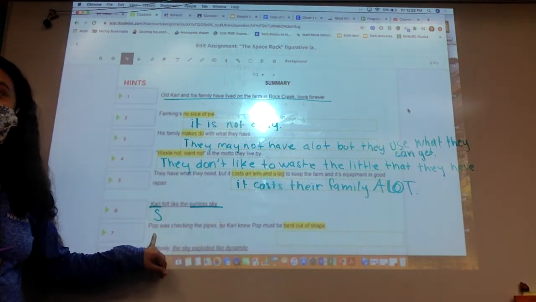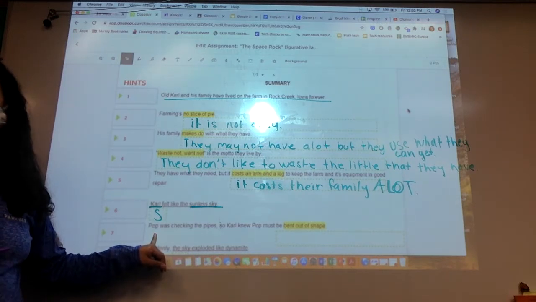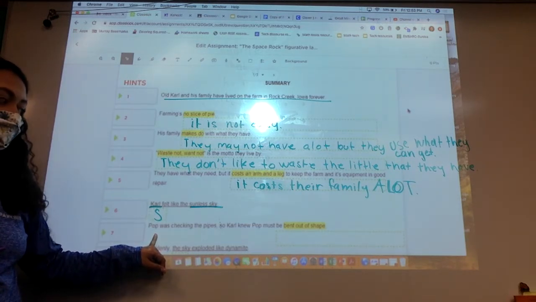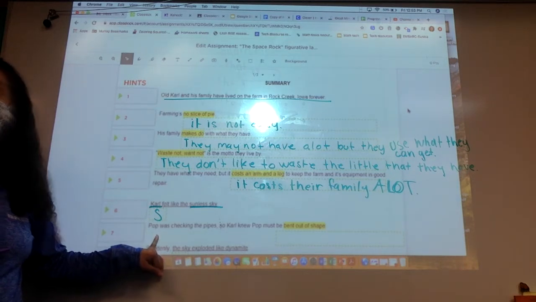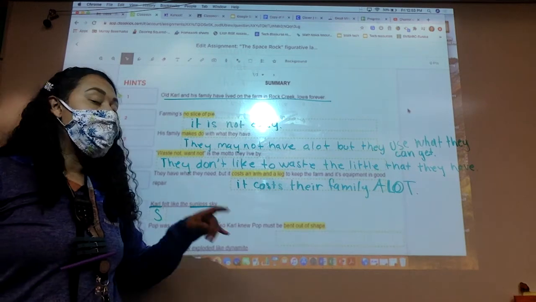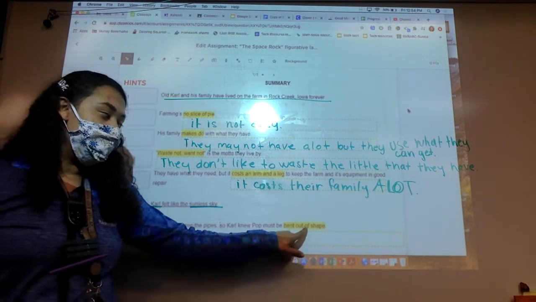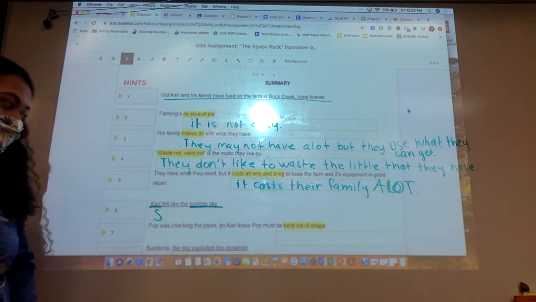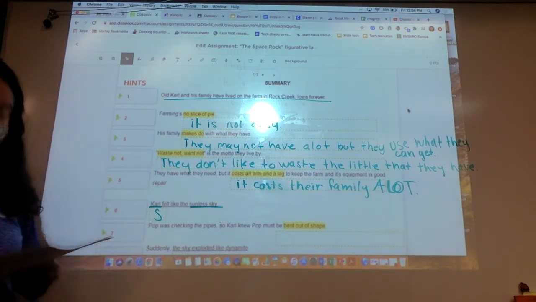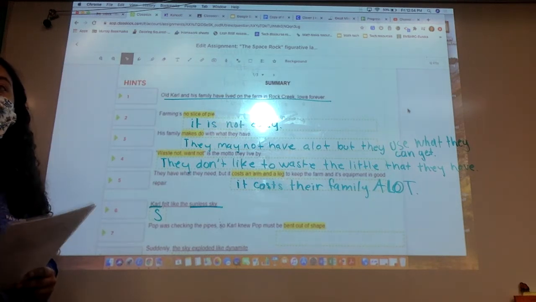Like, I forgot the meaning. Is Pop literally bent backwards or something? No. Like, is his back broken? I forgot the idiom too because I'm on the Lexia level where you learn about idioms. Okay, so bent out of shape. So what do you think they mean? What's going on with Pop? Thomas? I forgot what I was going to say.